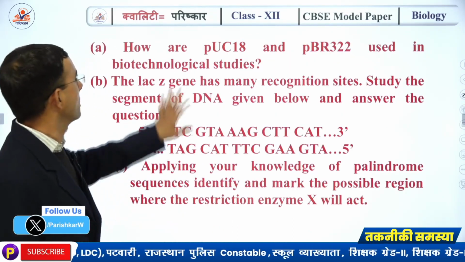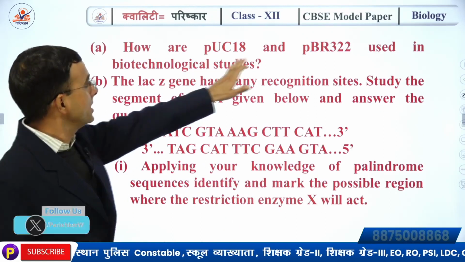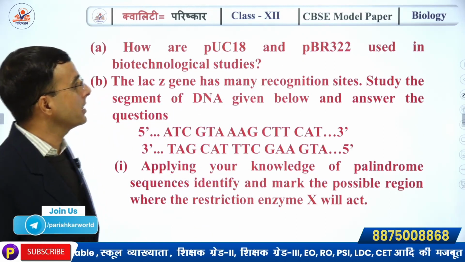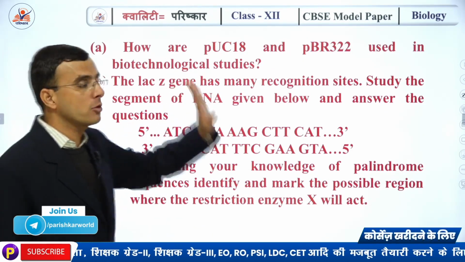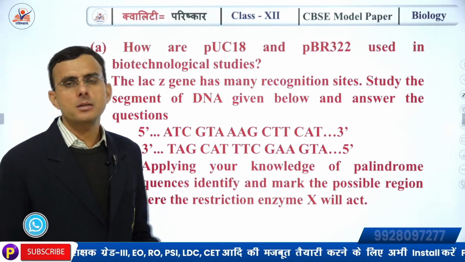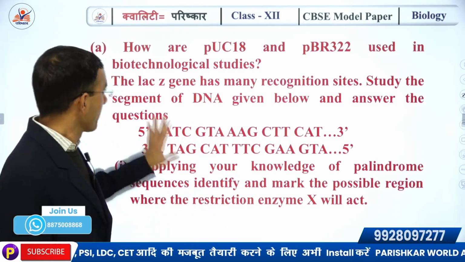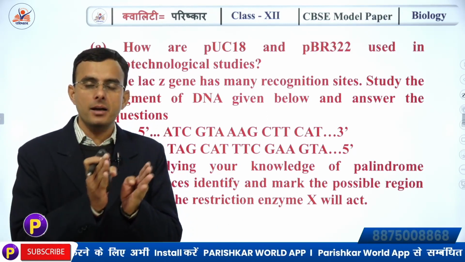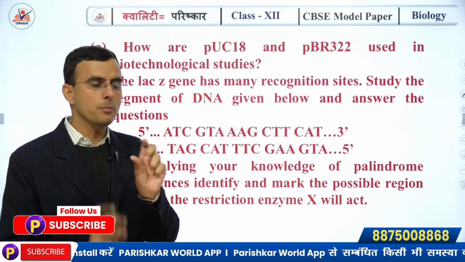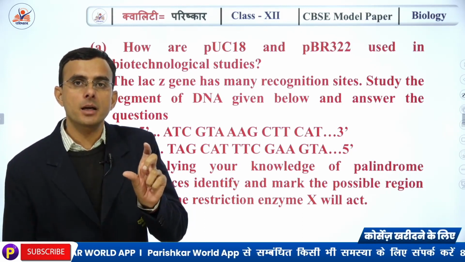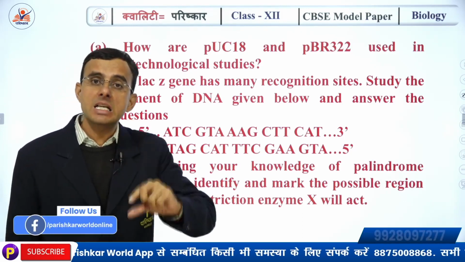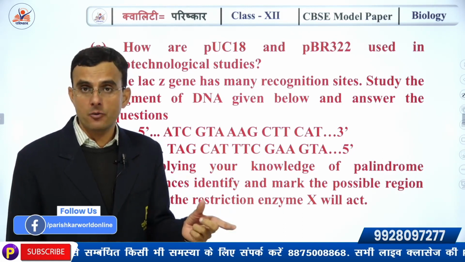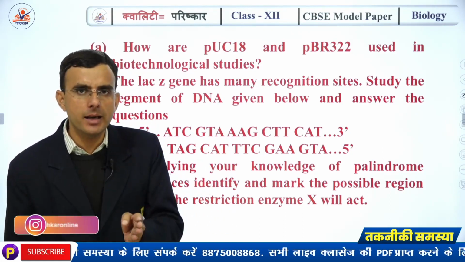So the first question: how are pUC18 and pBR322 used in biotechnological studies? As vectors. Second, in biotechnology, in recombinant DNA technology, if we are inserting one DNA into another, then we have to cut the DNA.